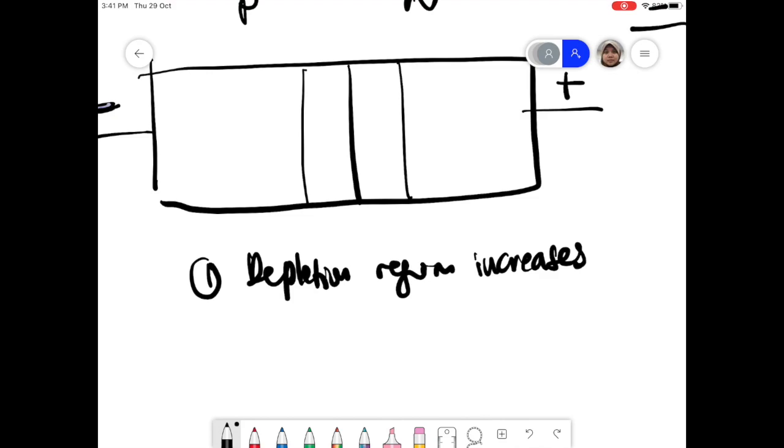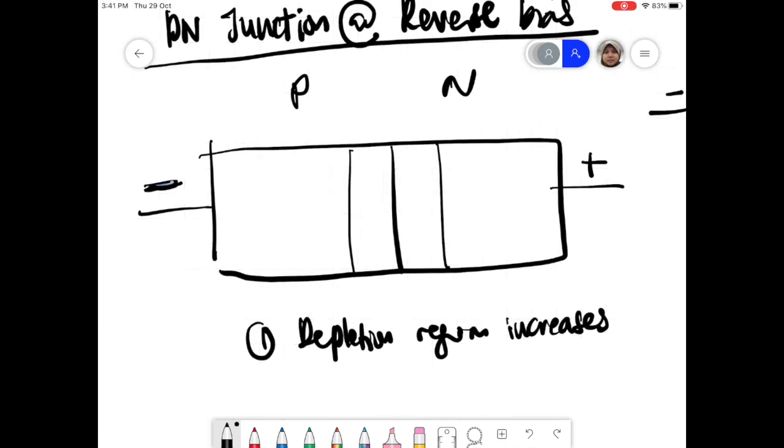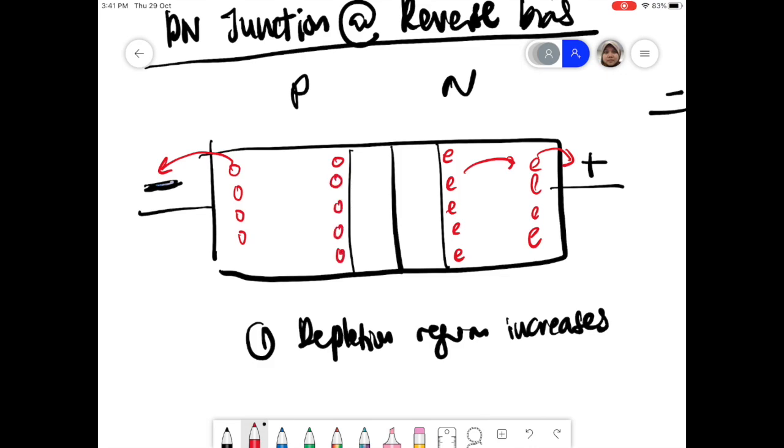So what happens is, brothers and sisters, here you have majority holes at the P. Here you have majority electrons. So the holes will like to go to the negative side, the electrons will like to go to this side, and also the electrons near the depletion region will like to go to this side. The holes near the depletion region will like to go to the negative side.